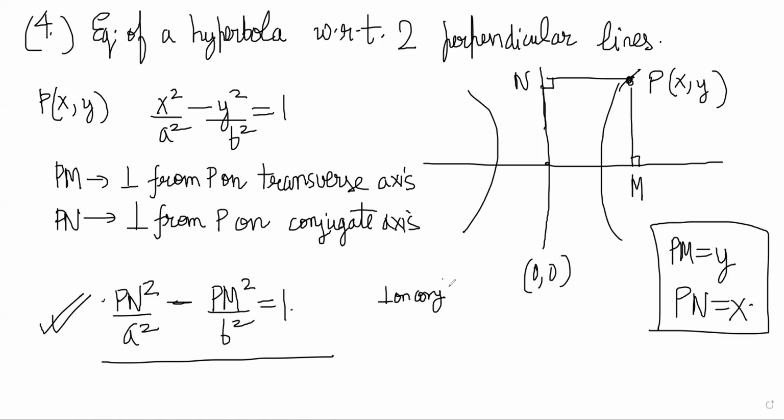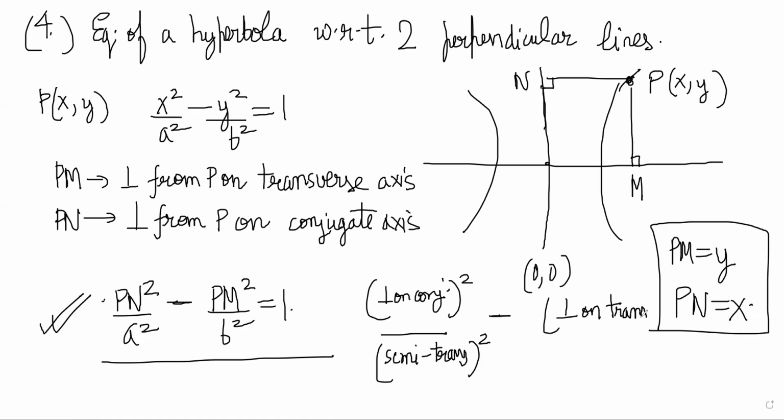The perpendicular on the conjugate axis squared is divided by a square, where a is the semi-transverse axis, minus the perpendicular on the transverse axis squared divided by b square, which is the semi-conjugate axis, is equal to 1.